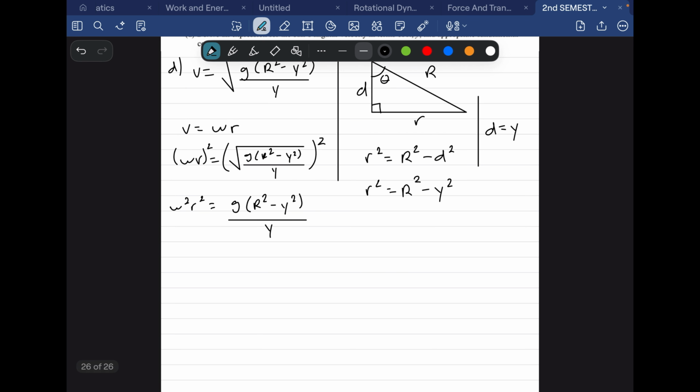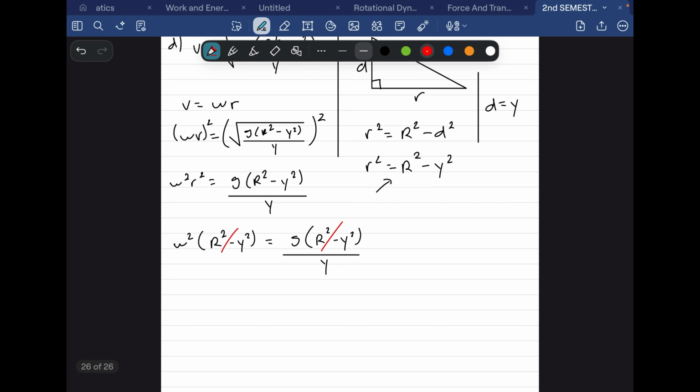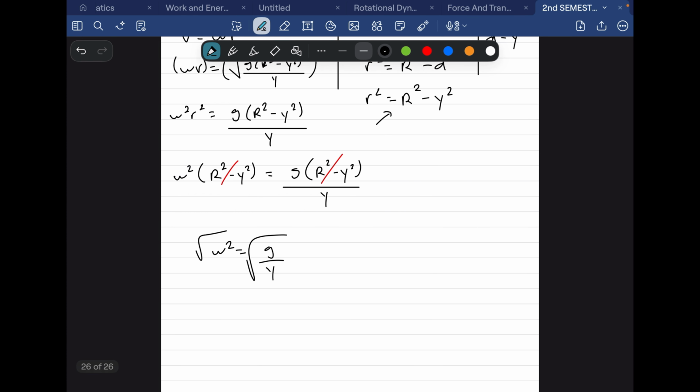Then I'll plug in r squared with what we found over here. So the parentheses would cancel out on both sides, leaving you with this. Square root both sides. So the angular velocity is equal to the square root of g over y.